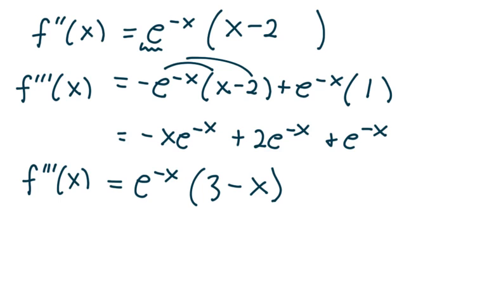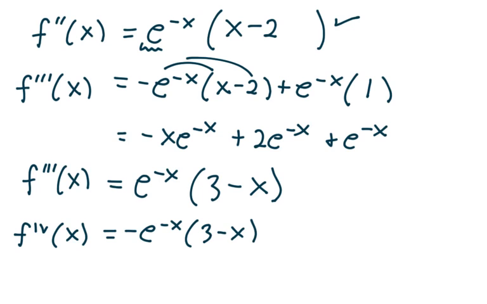Now, when I took the second derivative, I got e to the negative x times x minus 2. I'm wondering if I take the fourth derivative, will I get e to the negative x times x minus 4? So let's check that. Because if that's true, we probably know the 1,000th derivative, because we get an even number. So if I take the fourth derivative, I get negative e to the negative x times 3 minus x plus e to the negative x times negative 1.